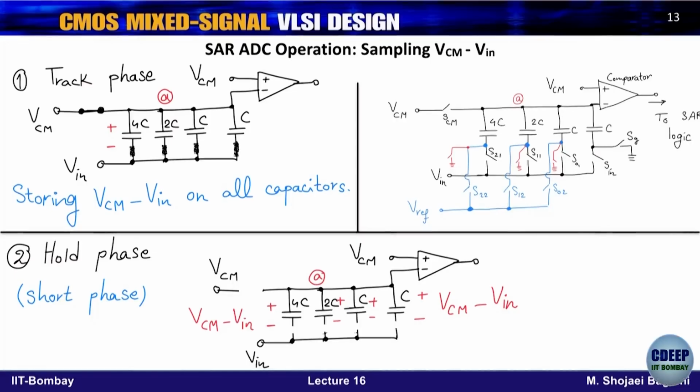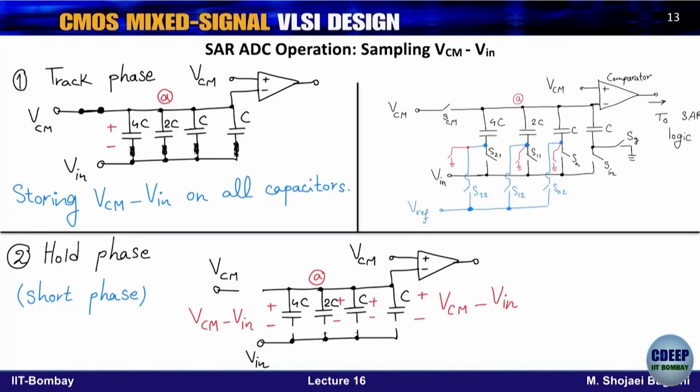Now we want to see how to use it. I also show a quick hold phase. Suppose we open all these switches, so now you see VCM minus Vin on these capacitors, and nothing will change, because we assume the parasitic capacitance at the input of the comparator is negligible.